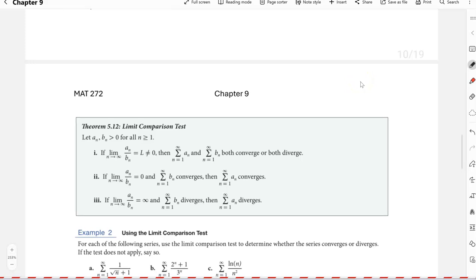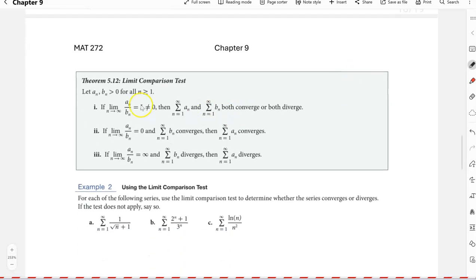So our next test is going to be the limit comparison test. For a sub n and b sub n, those sequences have to be greater than 0 for all n greater than or equal to 1. We're going to look at limits. If we take the limit as n goes to infinity of a sub n over b sub n, and it equals some number that's not 0, then both of these either converge or diverge.